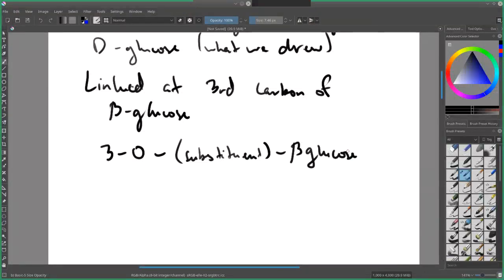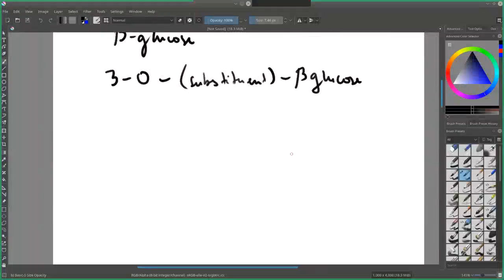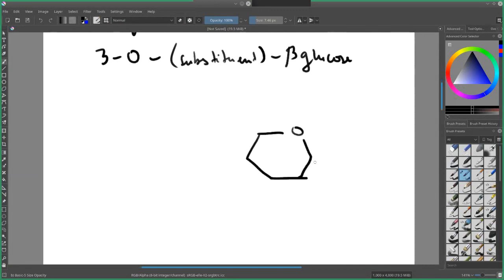Got it. Okay. So in that sense, we can just draw our beta glucose. Does anybody want to remind me if beta glucose is pointing up or down at this anomeric carbon? It points up.